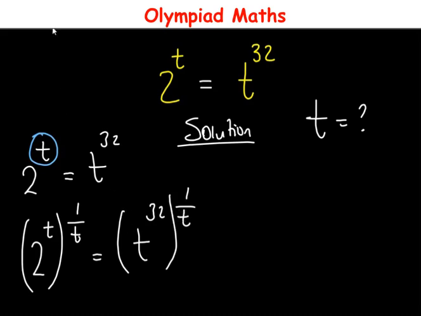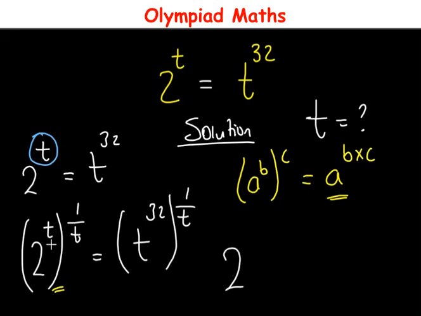So with this, applying this rule that if you have a raised to power b, raised to power c, this equals a raised to power b times c. Applying this rule right here, what we then have is 2 raised to power t times 1 over t, which equals t, then power 32 times 1 is 32 over t.